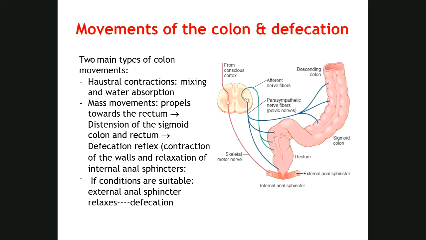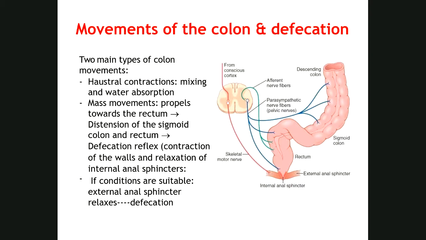Once there is accumulation and increased pressure in the rectum and the sigmoid colon, this will start a defecation reflex, a spinal reflex, that will end up with increased peristaltic movements of the sigmoid colon, and with the relaxation of the internal anal sphincter.